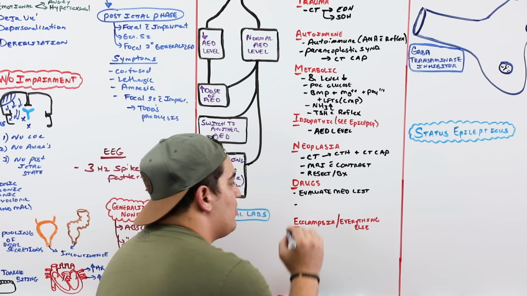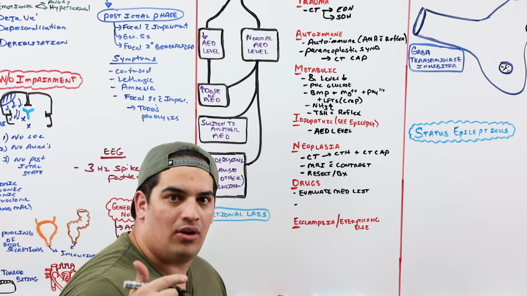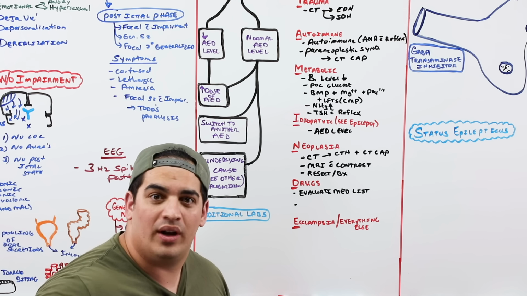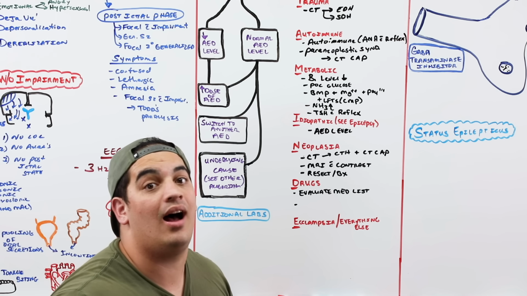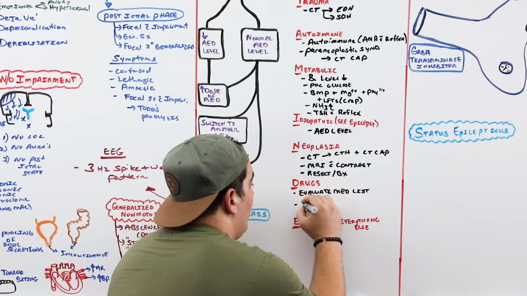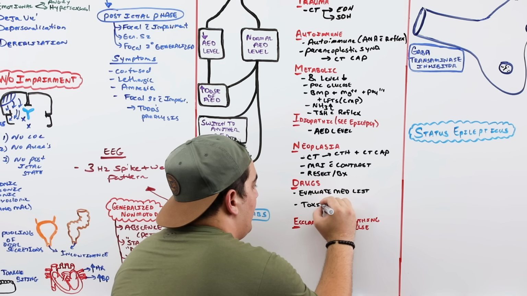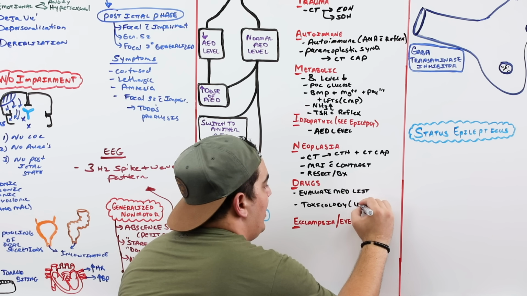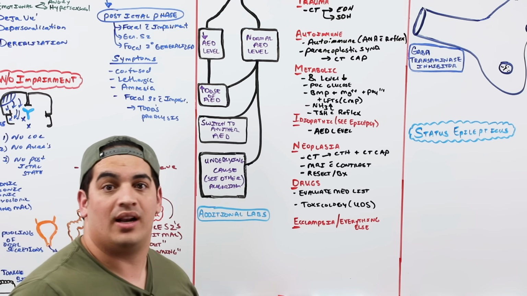But the other thing is, what if it was something else? Like it was ethanol, cocaine, amphetamine, a benzo, an opioid, something like that that I may be able to pick up on a toxicology screen. So what I may do is a toxicology screen. Okay? And usually that's a urinary drug screen is what we'll start off with.